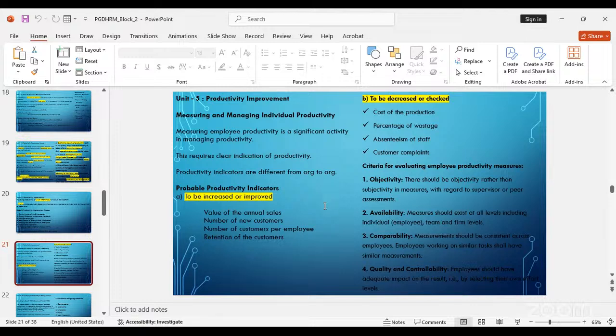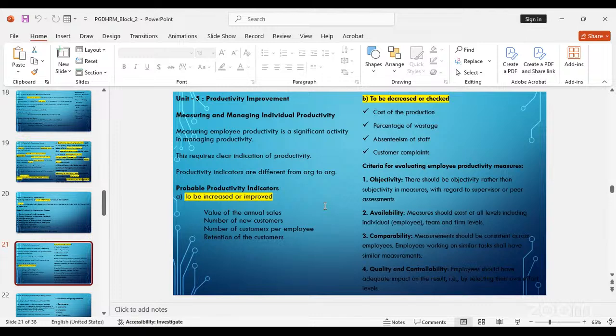And to decrease or check the cost of production: percentage of wastage, absenteeism of staff, customer complaints. All these will help to decrease or check the cost.